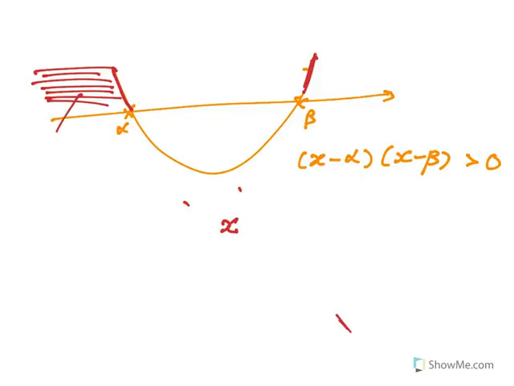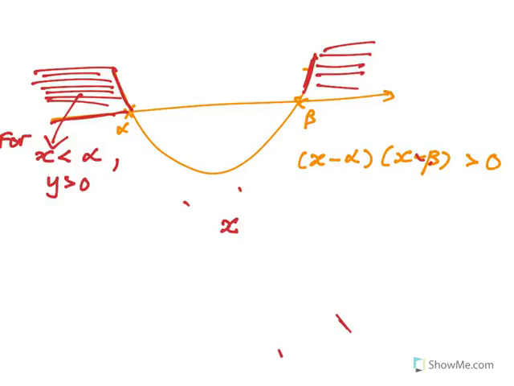So over here, if we use an inequality to represent this stretch of values, it's actually x is less than alpha. For x less than alpha, can we say that y is positive? How? For x more than beta, can we say that y is positive?